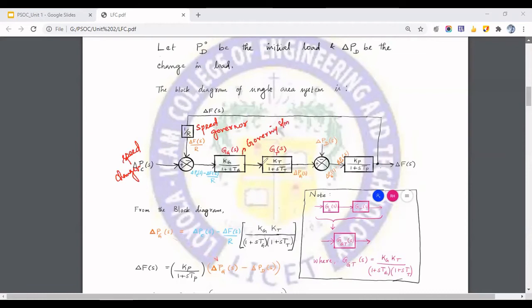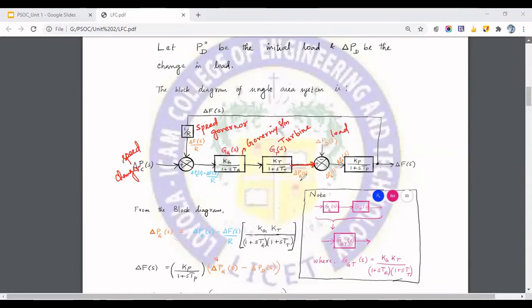and the output of the speed governing system is given to the turbine, and the output of turbine is nothing but the value of power that it has to generate. Okay, so the output of turbine is compared with the demand or the load.